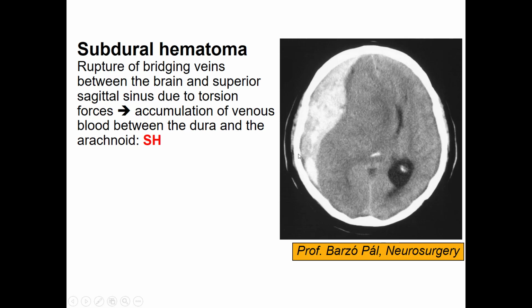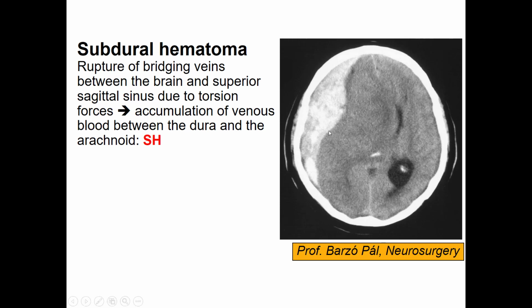And sometimes the patient is going to have the first symptoms after a very long lucid interval. Usually, it takes several hours, maybe the day after the head injury, which is quite often a so-called blunt head injury. It is not a very severe head injury. It is not associated with fracture of the bone.